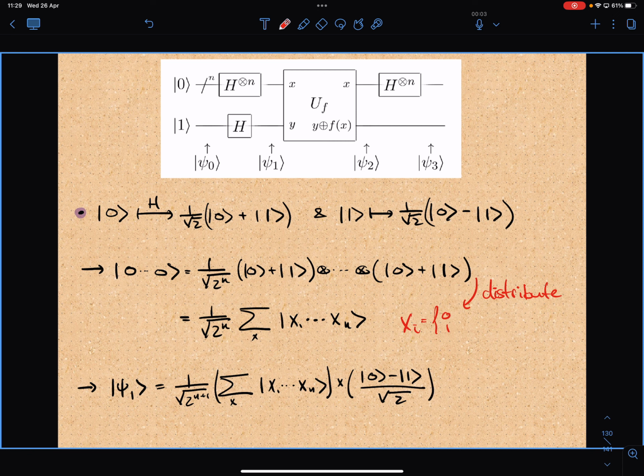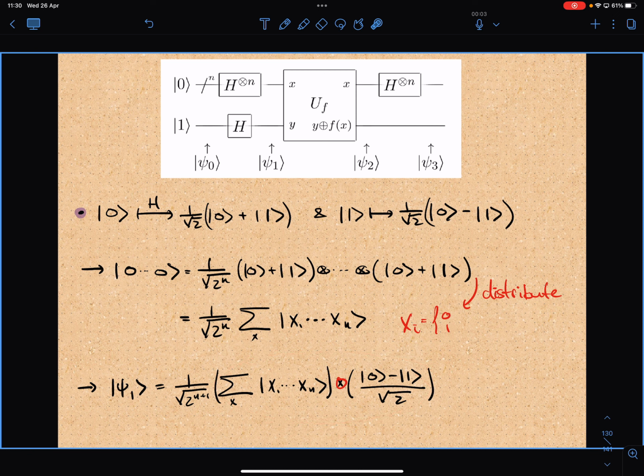So that's going to be the action on the first n qubits. I'm going to get this summation over all possible inputs. And then I'm also acting on this qubit with the Hadamard gate. And in this case, it's going to map it to 0 minus 1. And I pull out the overall factor, and then I have this.